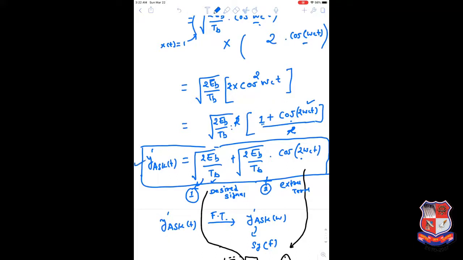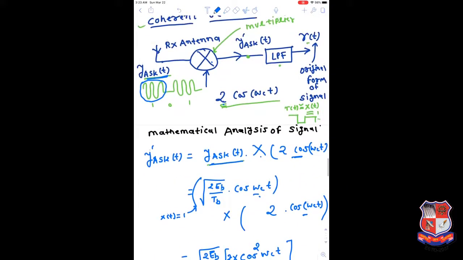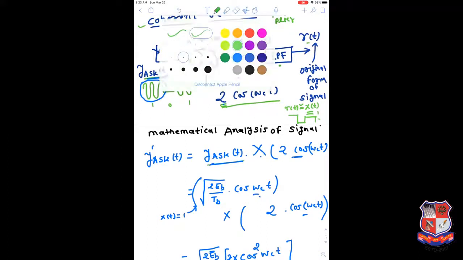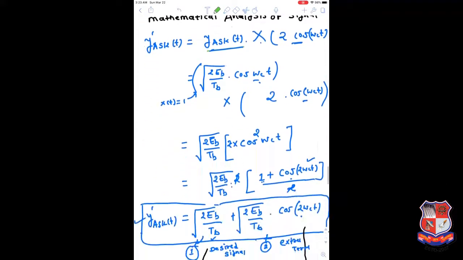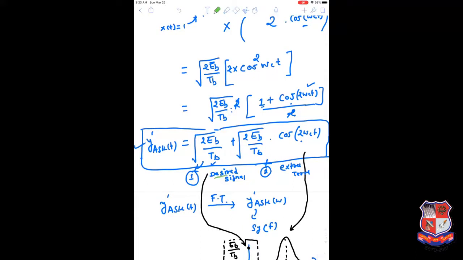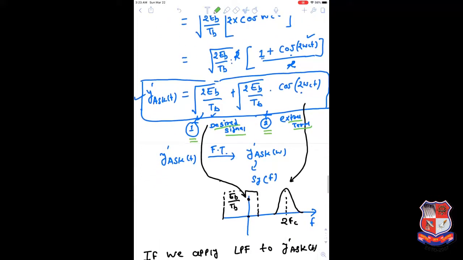This y dash ASK of t is the signal which is available at this point. Now this consists of two terms: one is the desired one and the second one is the extra term. So here we need a circuit which blocks the second, extra term and allows only the desired signal to pass, right?